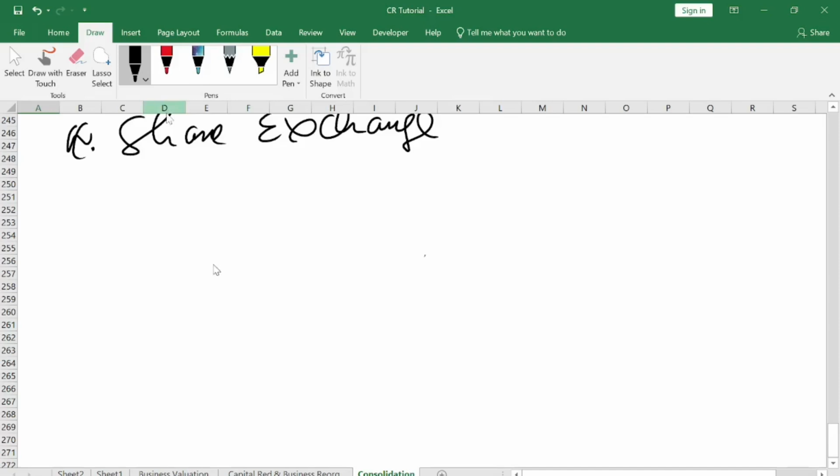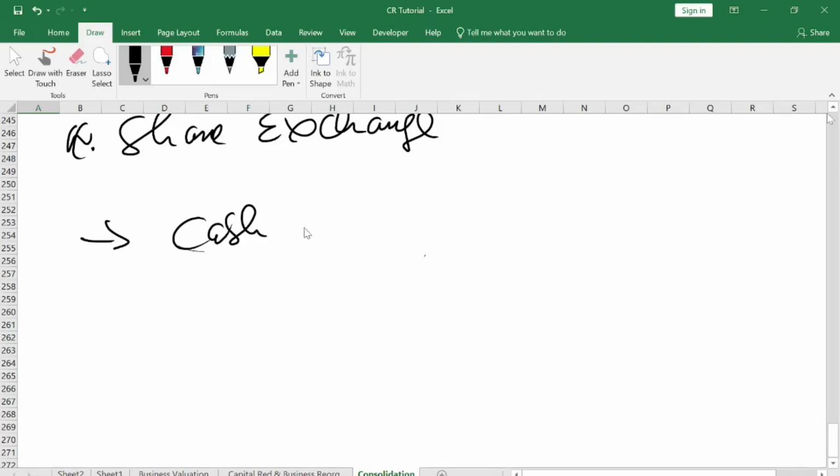Good. So what happened in the treatment of this? If they acquire the company through cash, in the statement of financial position, how is the treatment going to be? When they acquire the company through cash, what happens?